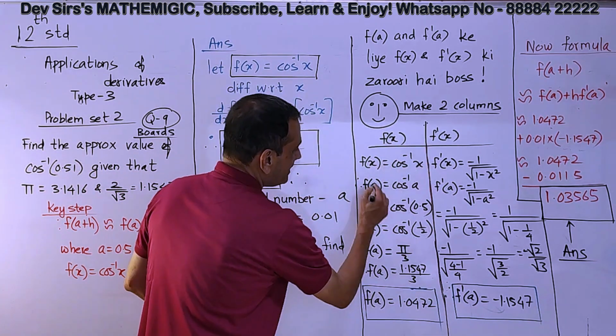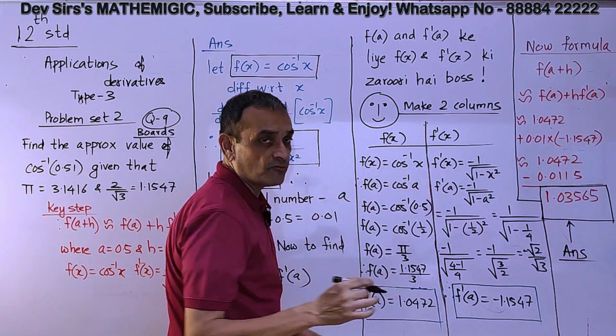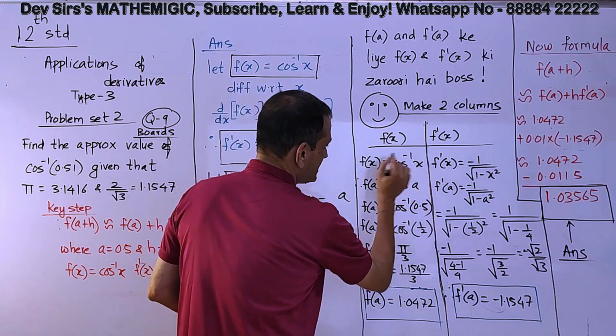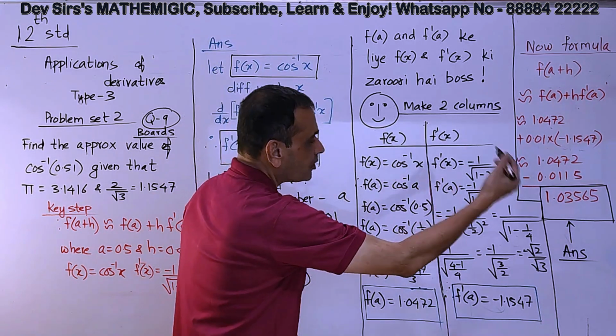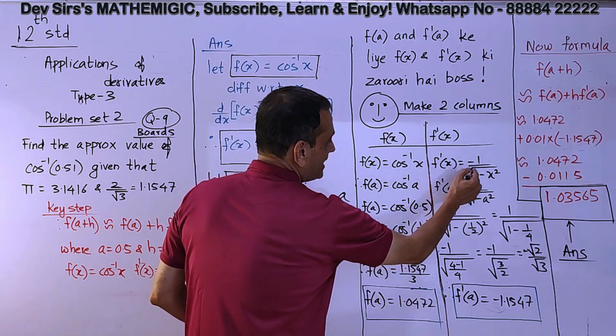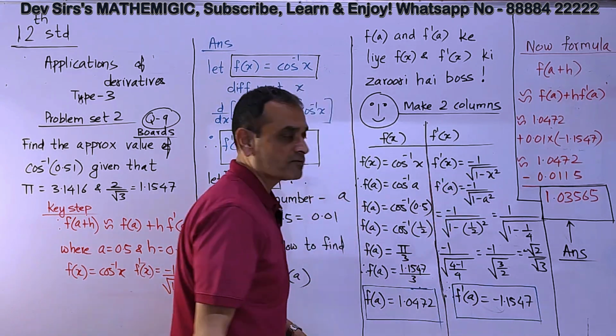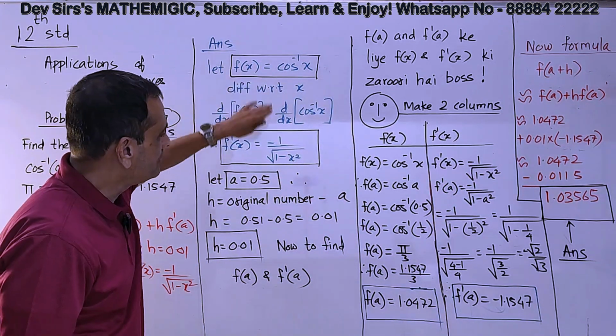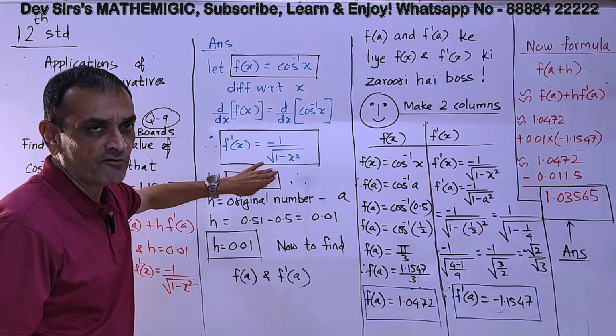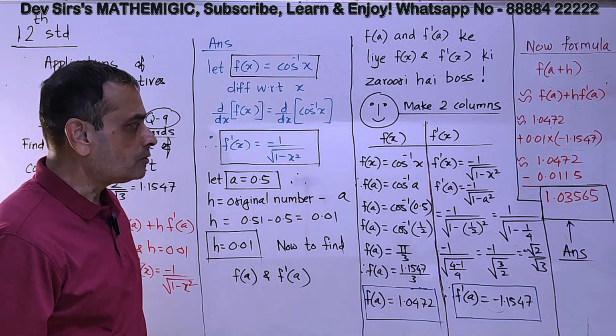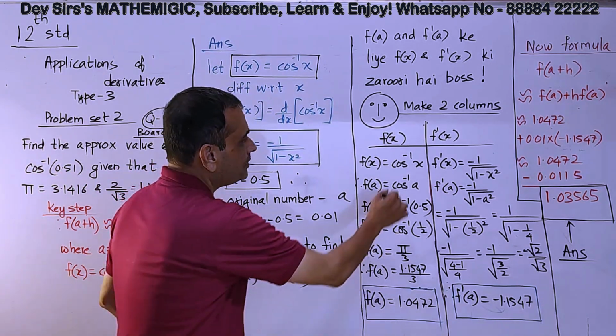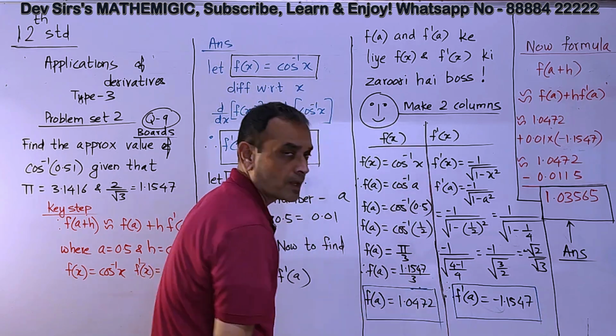In the column of f of x, write the formula we have taken, cos inverse x. In the column of f dash x, write minus 1 upon root of 1 minus x squared. Just put these values, they are marked here. Now we will concentrate only on f of a.